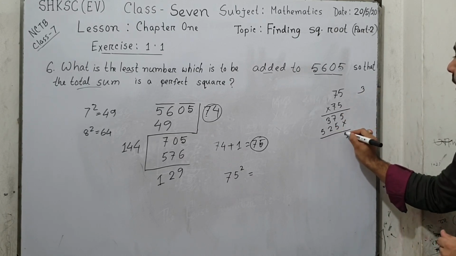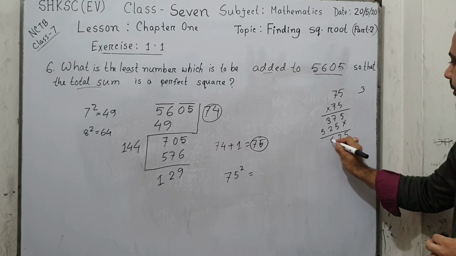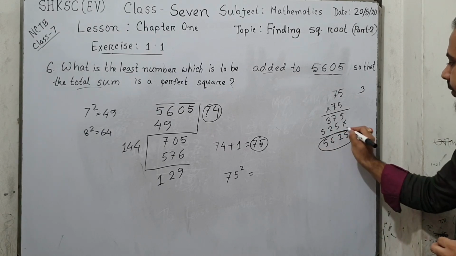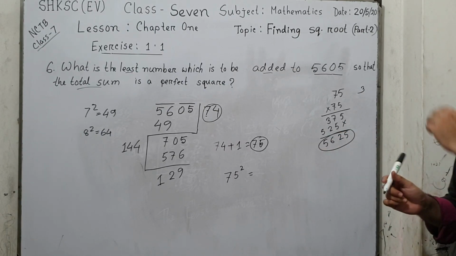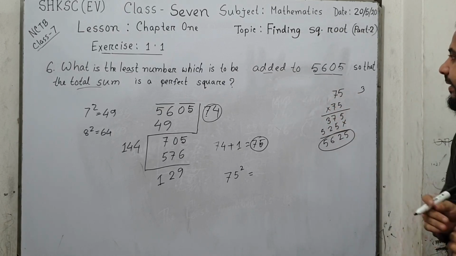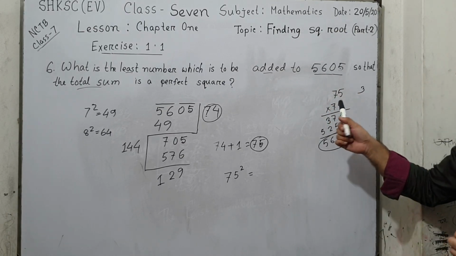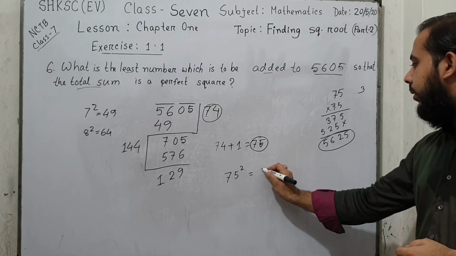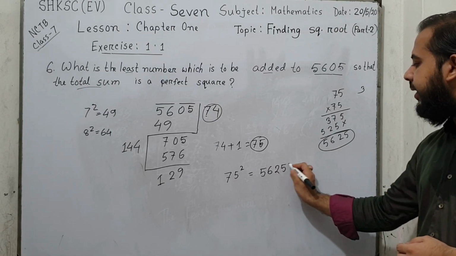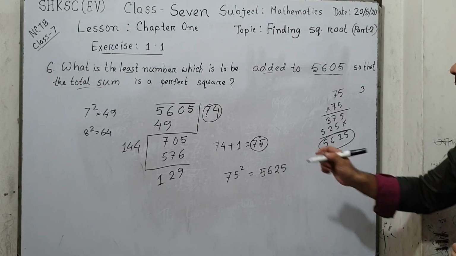If we add these numbers, we will get 5625, but our given number is 5605. So to get the next perfect square number, we have to add only 20.